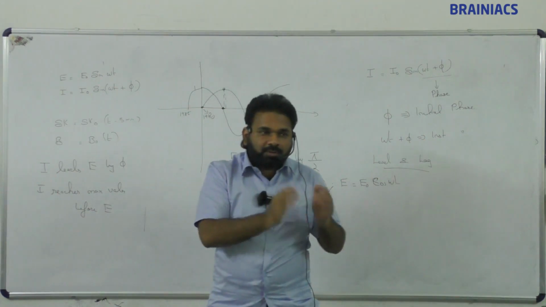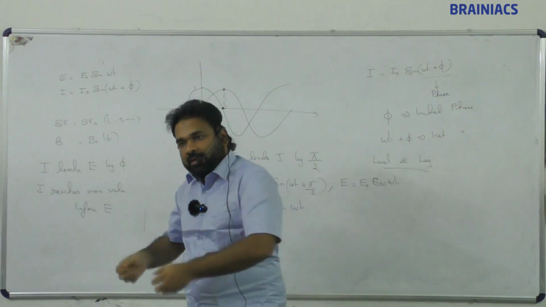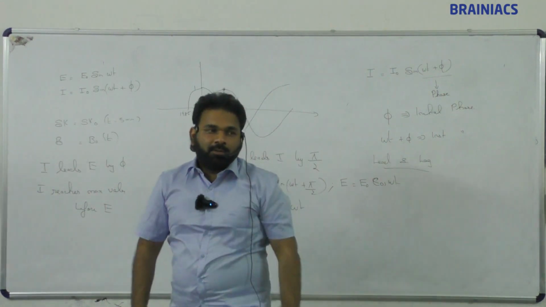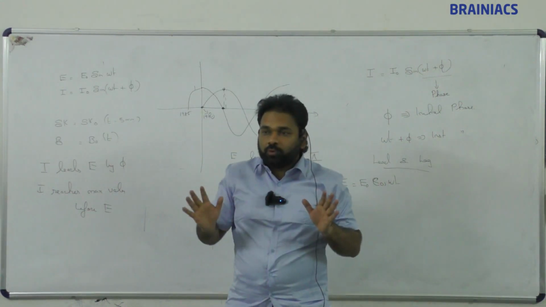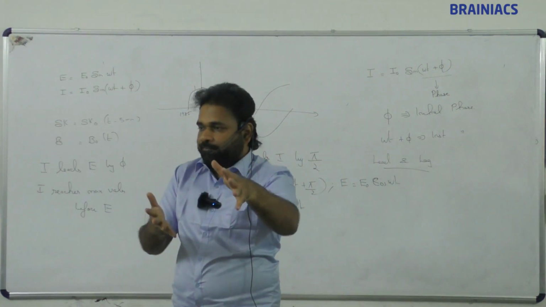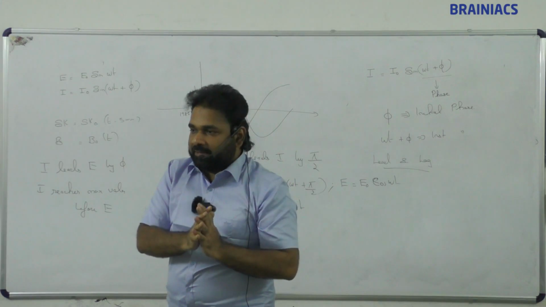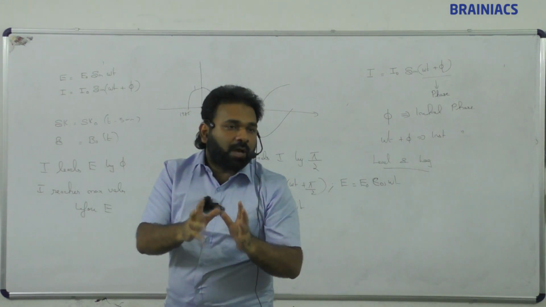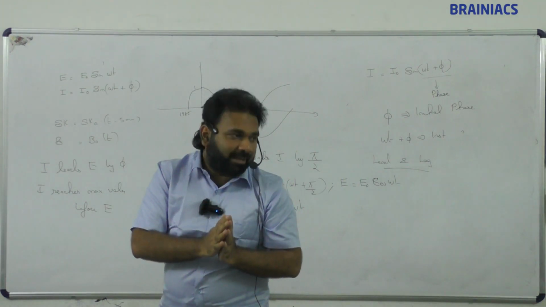Suppose for example we send a DC current and we get 5 joule of heat. When AC delivers 5 joule of heat, how much current should be there?